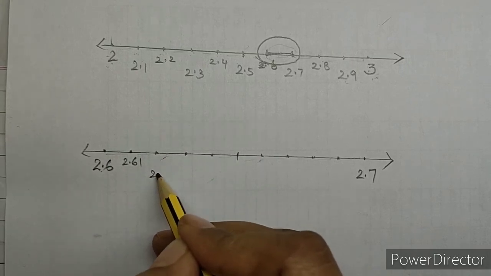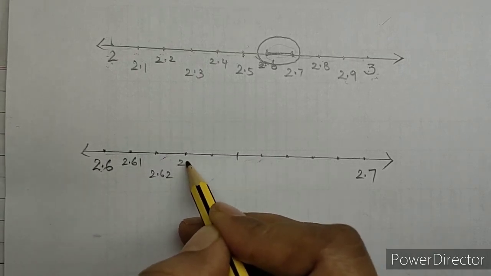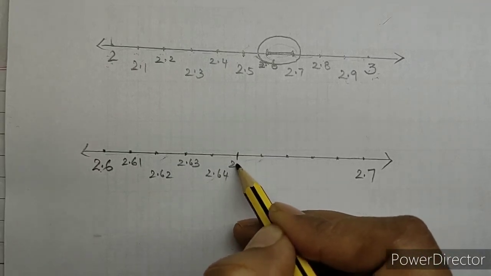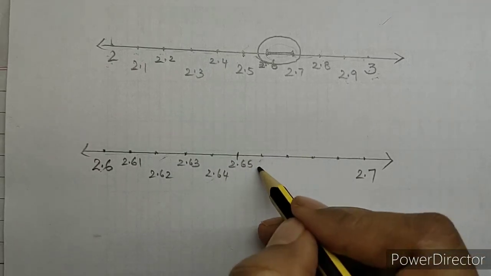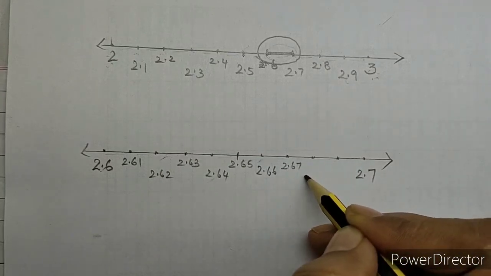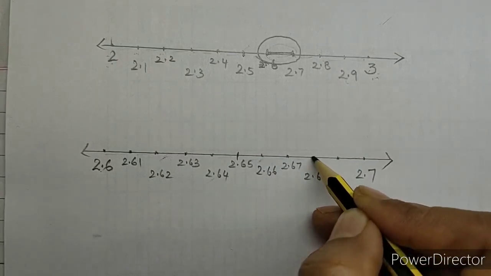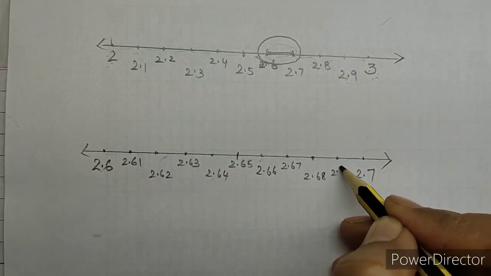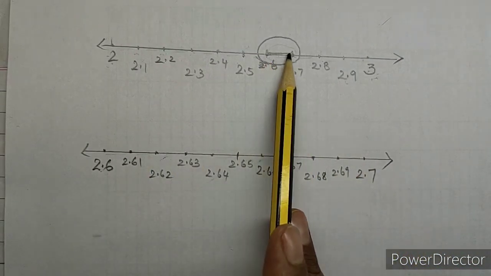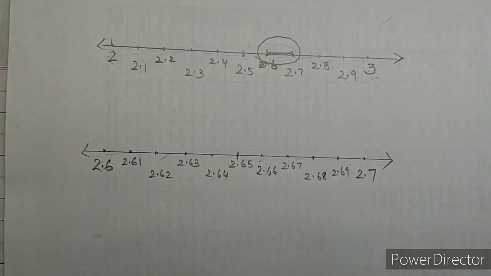The second point is 2.62, then 2.63, 2.64, the middle one 2.65, 2.66, 2.67, 2.68, 2.69. This is the way you magnify only this portion and draw it.